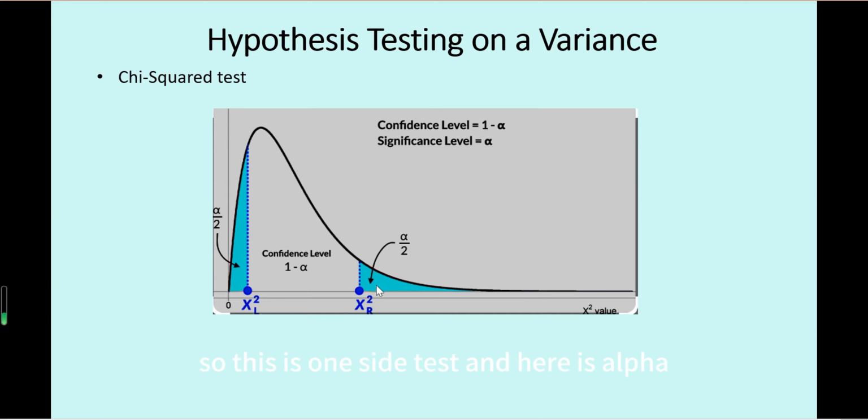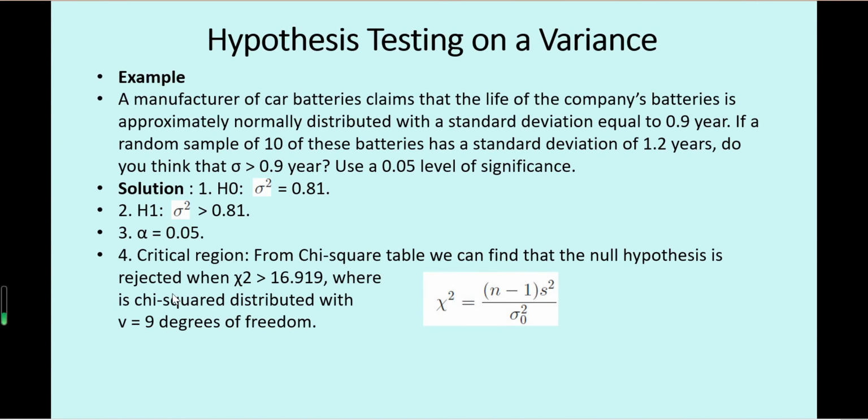This is a one-sided test, and here is alpha, and the critical value is 16.919. If the test statistic from the sample is larger than this critical value, then H0 will be rejected. The test statistic from the sample has a chi-square distribution with 9 degrees of freedom, and the critical value is 16.919, which leaves 0.05 of the probability to the right of this critical value.